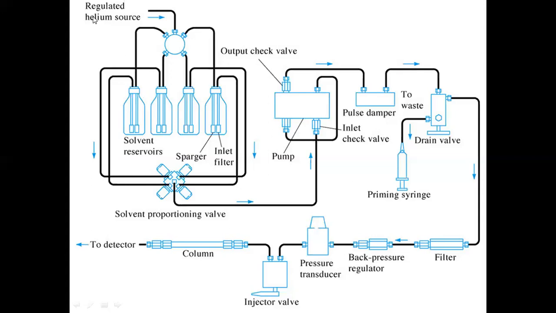And here, a regulated helium source you can see, and this regulated helium source is nothing but a degasser. Degasser, D-E-G-A-S-S-E-R. A degasser is required in order to remove any particulates present in the liquid, the mobile phase we are going to use, or even to remove the oxygen if present.